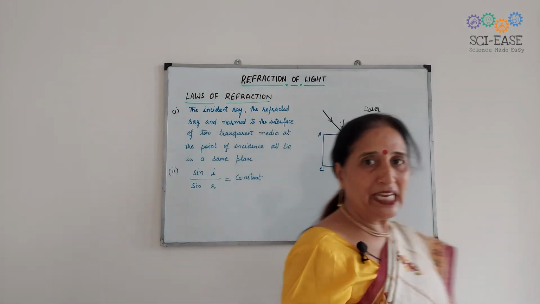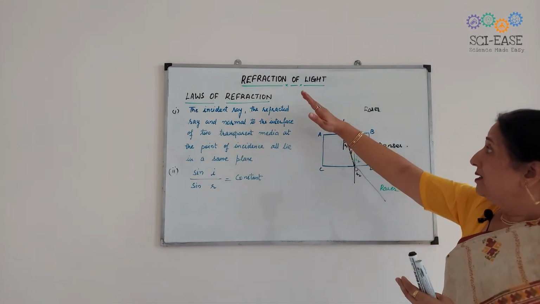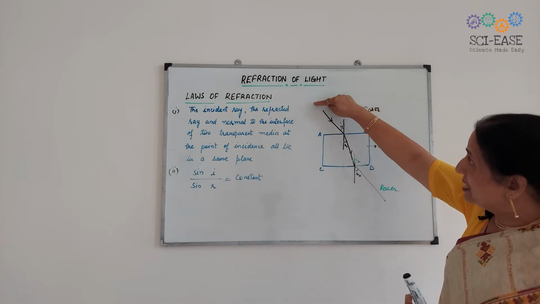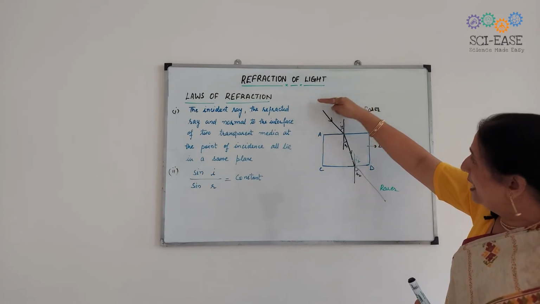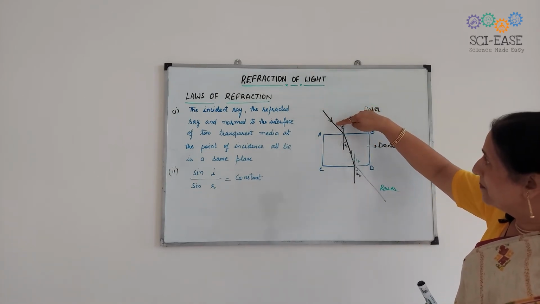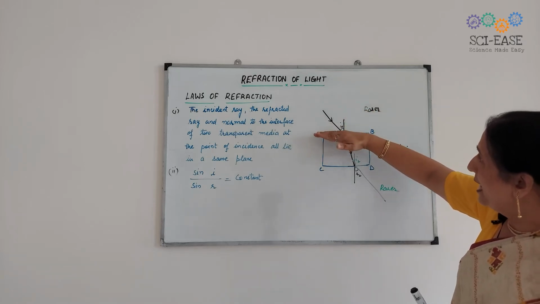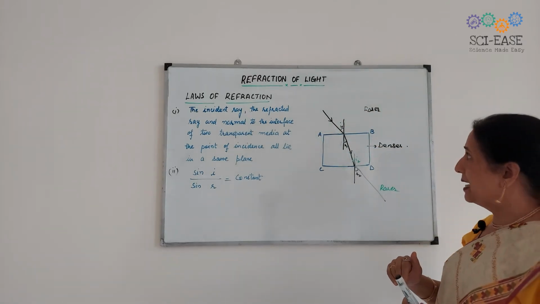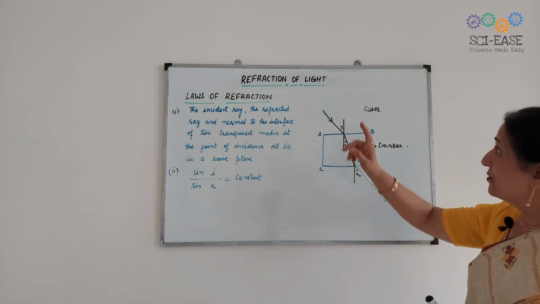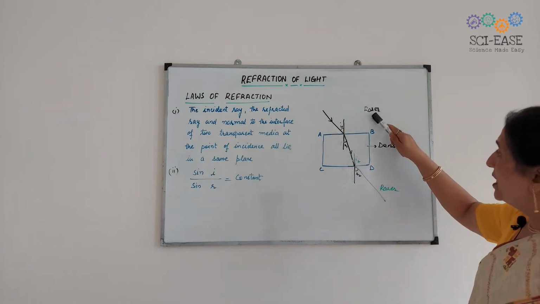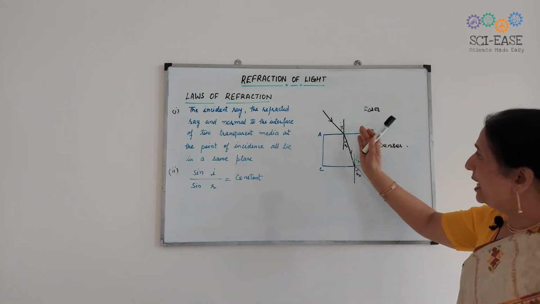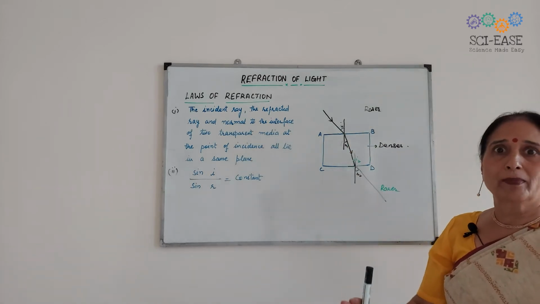I'll again repeat. The ray will start from here. It will be incident on the AB face of the glass slab. Because the ray is traveling from rarer to denser medium, it will bend towards the normal.